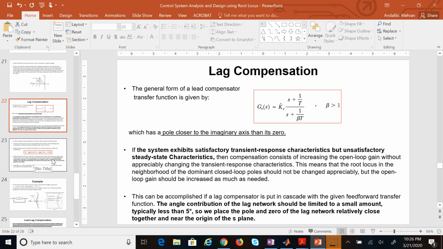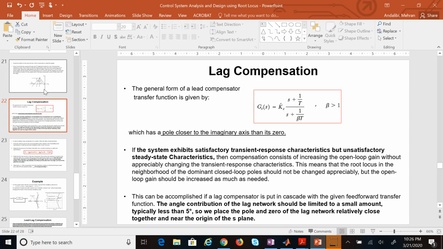So we learned that steady state error for different types of inputs depends on the type of the system, and we defined some parameters like Kp, Kv, and Ka in response to step, ramp, and acceleration inputs. And we learned that the bigger the Kp, Kv, or Ka is, the smaller the steady state error is.